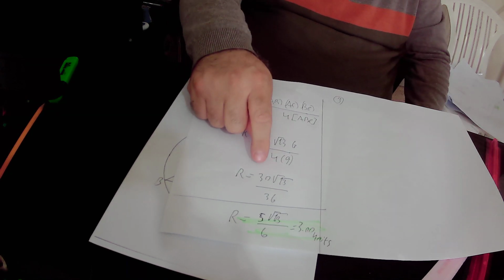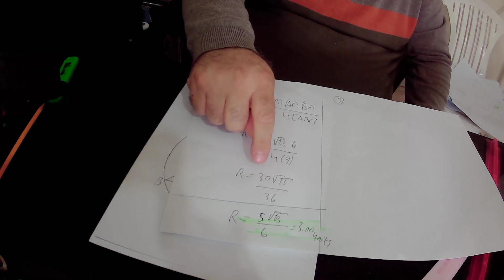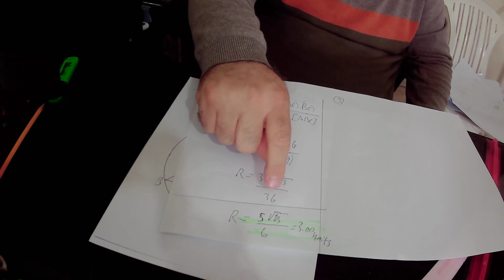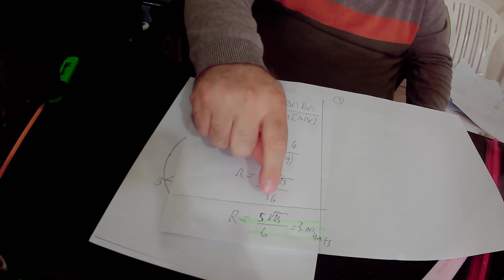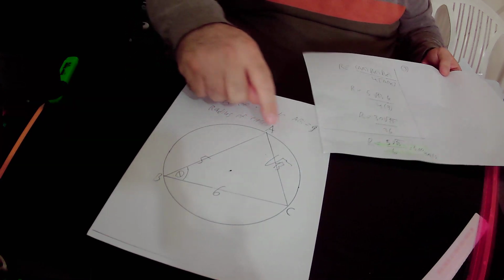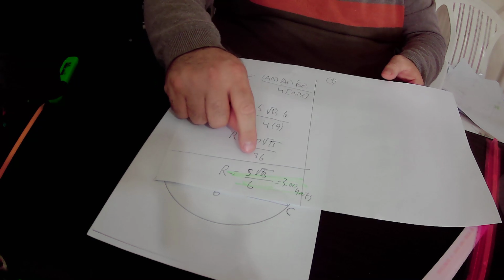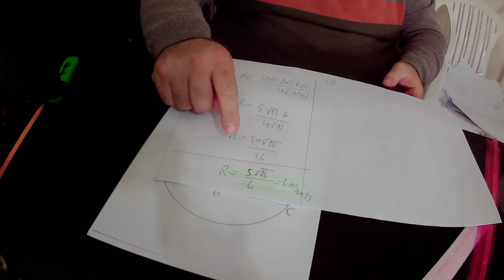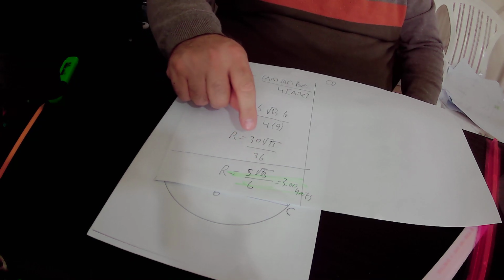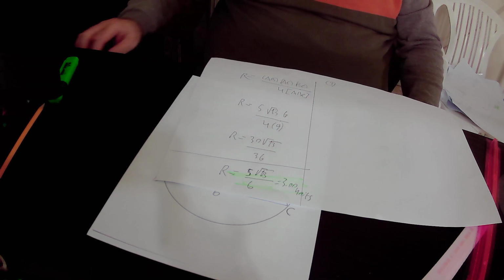We divided both the numerator and the denominator by 6. 30 over 6 is 5, and 36 over 6 is 6. So in conclusion, we found out that the radius of this circle that circumscribes triangle ABC equals 5 times the square root of 13 over 6 units, or in terms of numbers, it is a little bit greater than 3 units. Okay, thank you very much.